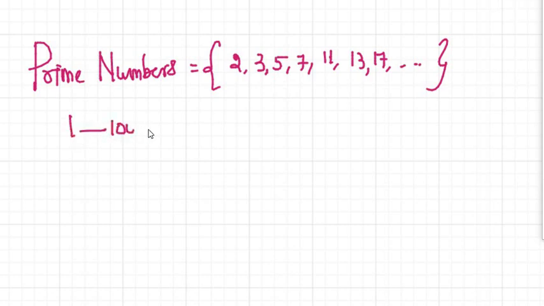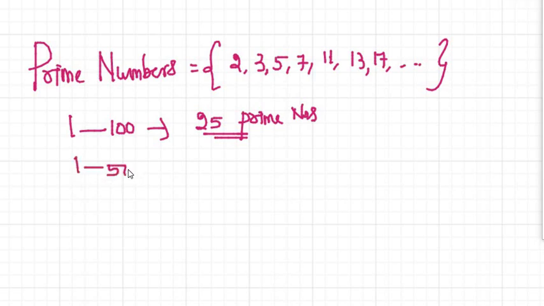Between 1 to 100, there are 25 prime numbers. Note this down. There are 15 prime numbers between 1 to 50, and between 1 to 100 there are 25 prime numbers.